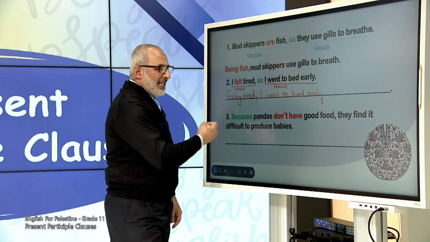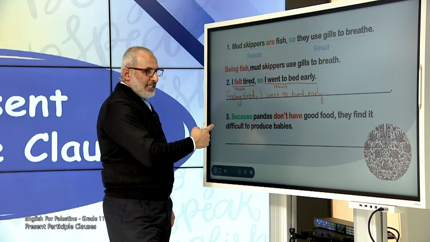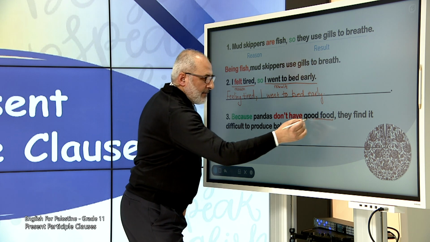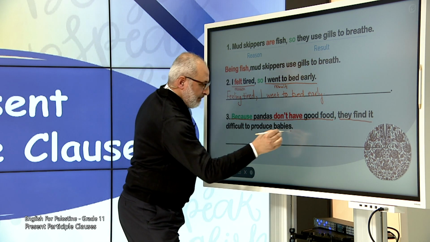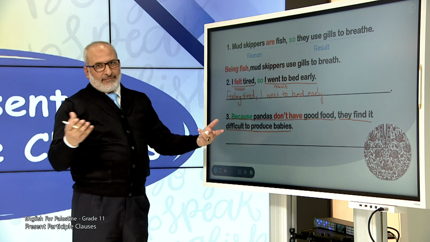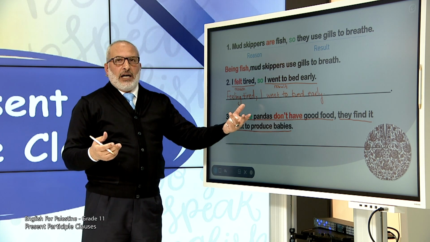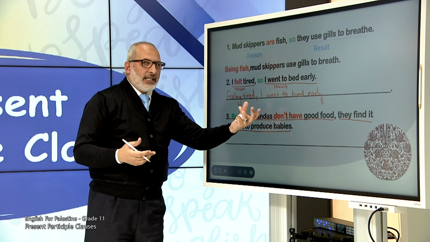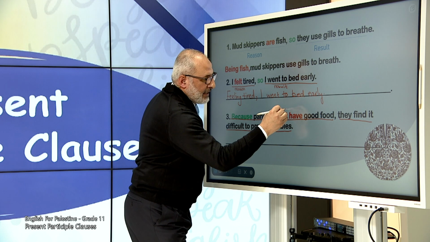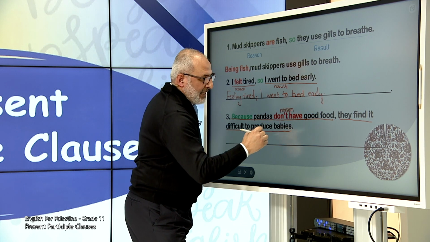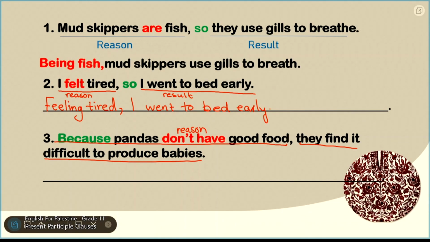So where is the reason in this sentence? Is it this part or this part? You know that always the reason comes after because. So this part is the reason, and this part is the result.